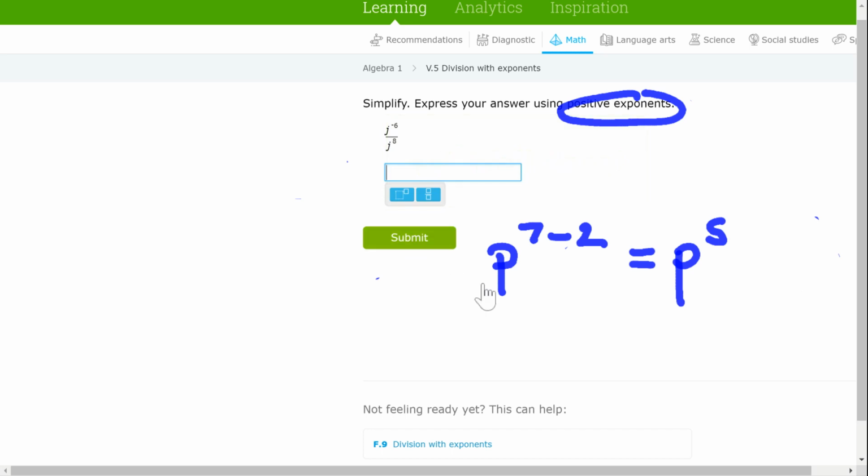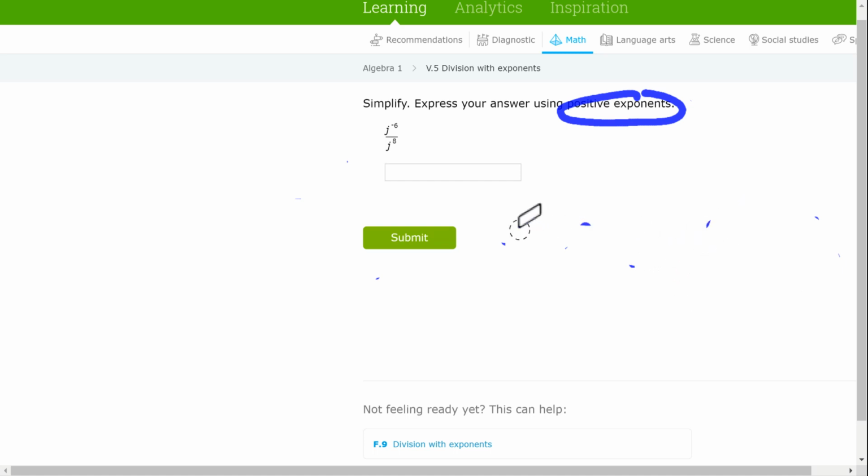Okay, so this one is going to be a little more challenging because we have the negative numbers again. So you always want to start with the numerator exponent first. So we have j, and then we see negative 6 first, minus the 8. So then we have j to the negative 6 minus 8, which is negative 14.